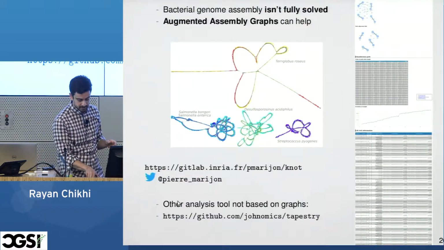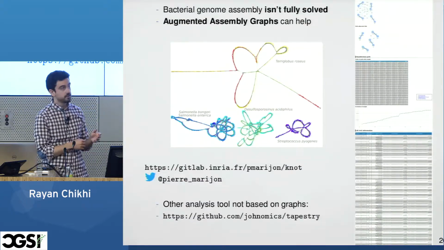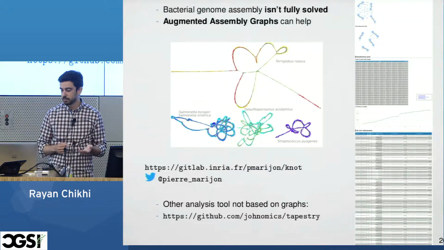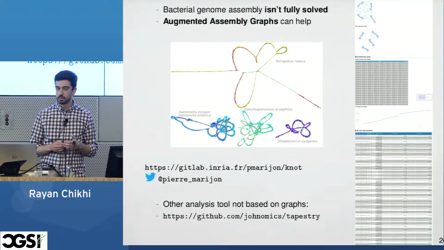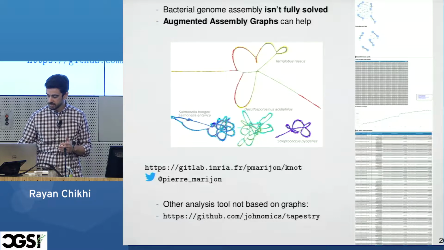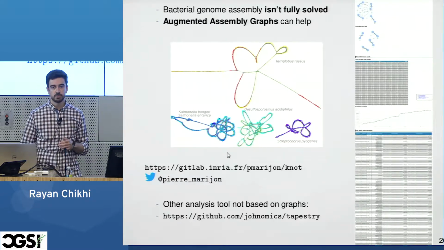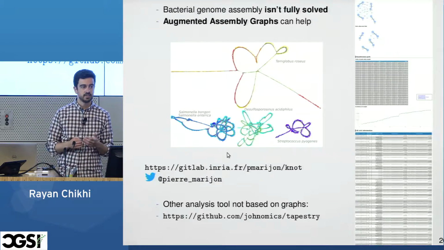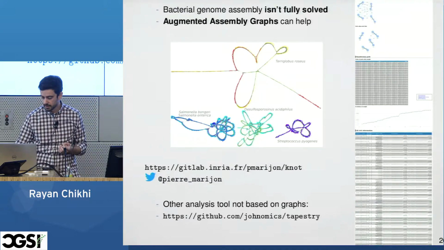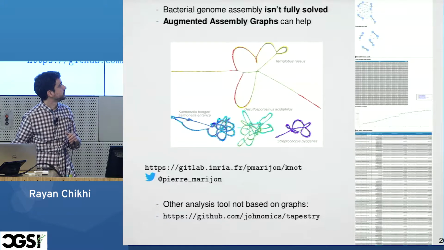To sum up this part, bacterial genome assembly is not fully solved in my opinion, but we can construct computational objects that help. In fact, we had this project initially for doing metagenome assembly, but we noticed that even single genome assembly was not fully solved. So we went back to single genome.